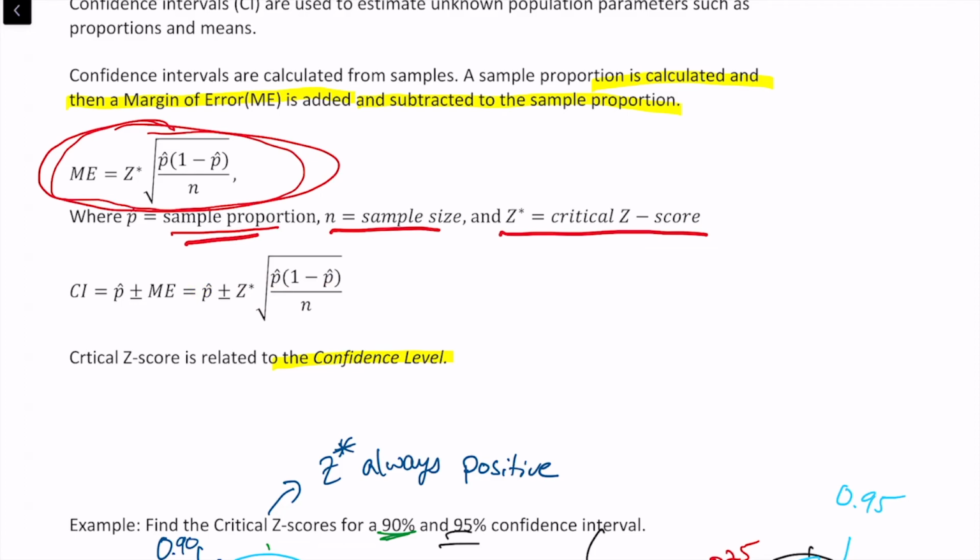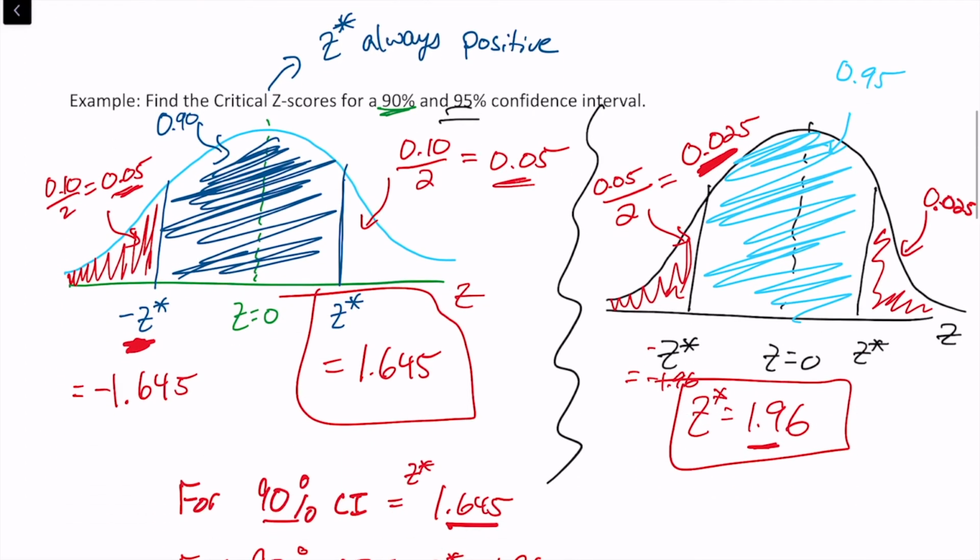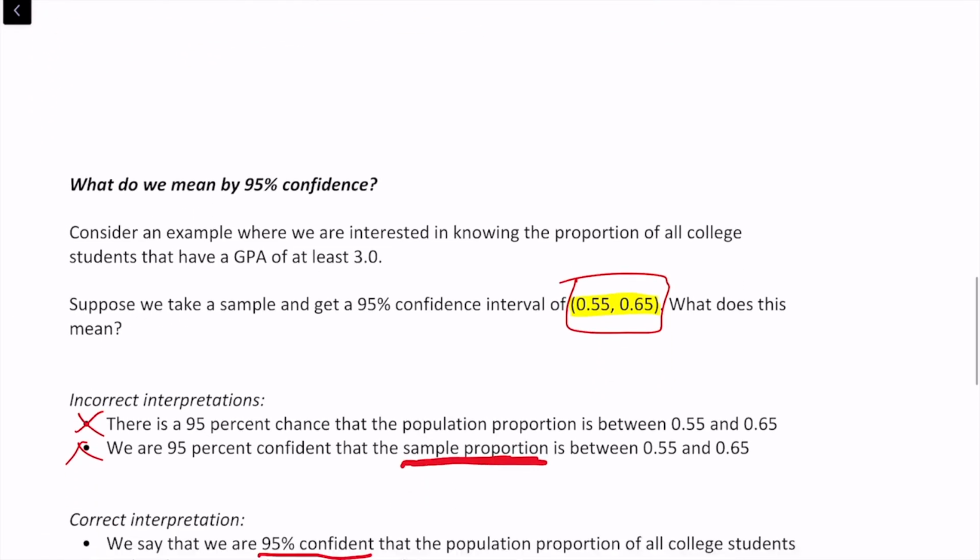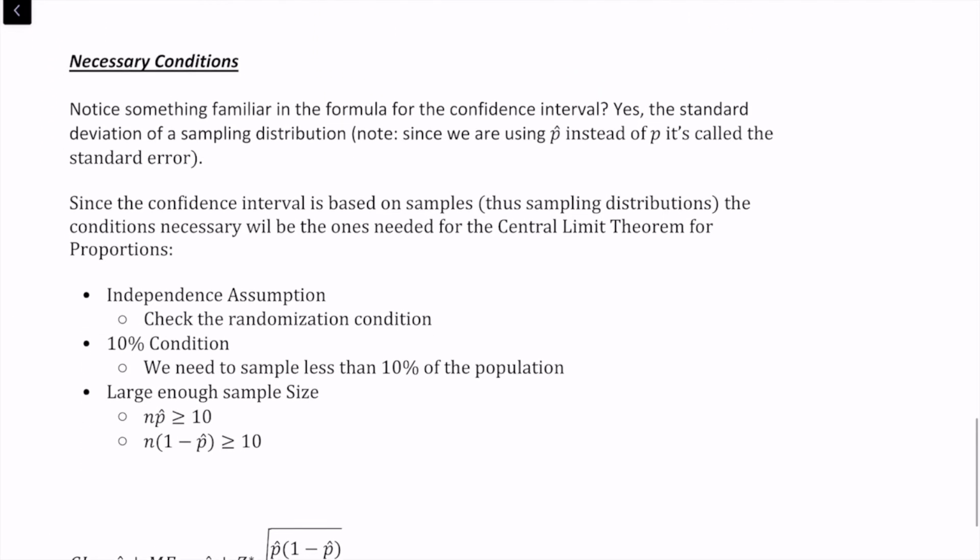This square root of p hat times 1 minus p hat over n? That looks familiar. It should look familiar because that came from the central limit theorem for proportions, right?